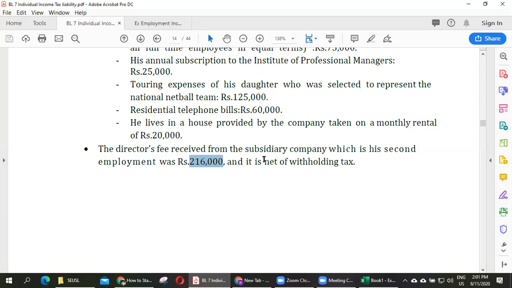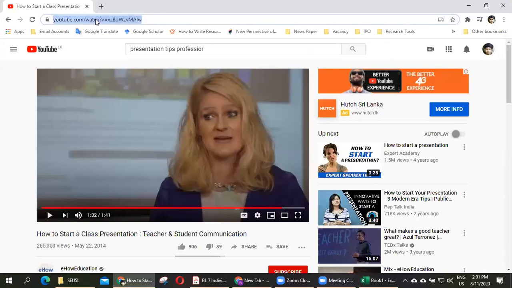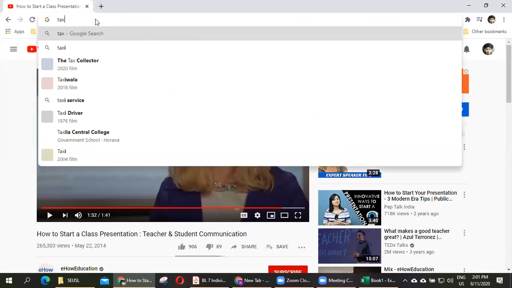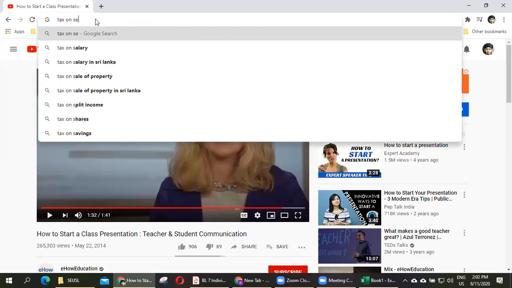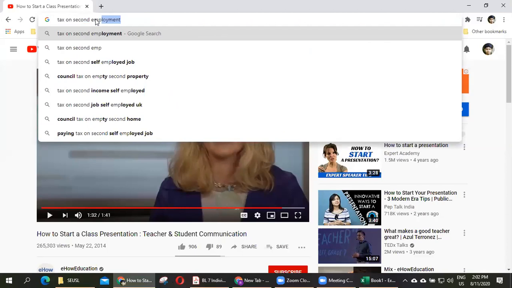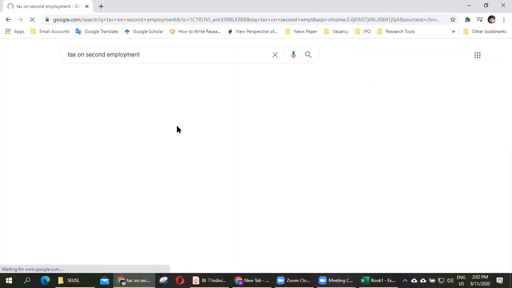What is the tax rate on second employment? Tax on second employment: if the monthly salary is less than 50,000, tax at 10%. If the monthly salary exceeds 50,000, it's 20%. Right? We'll check.